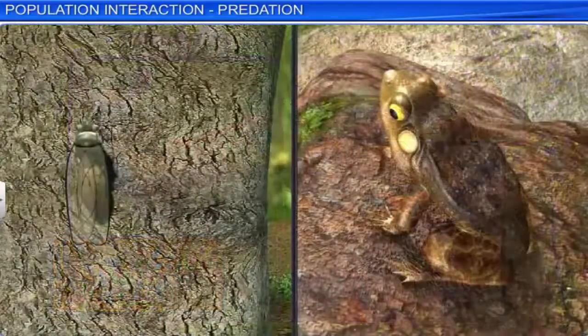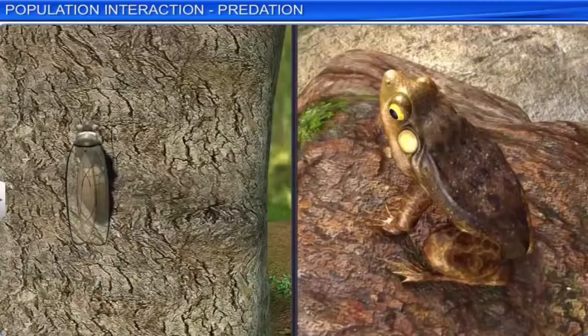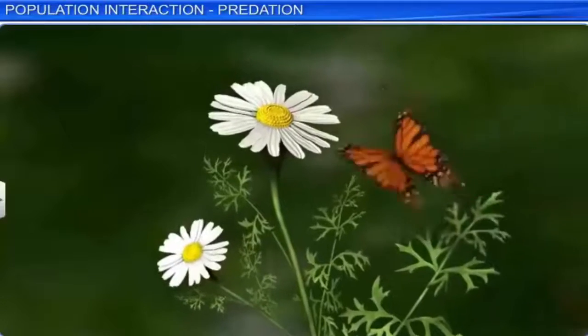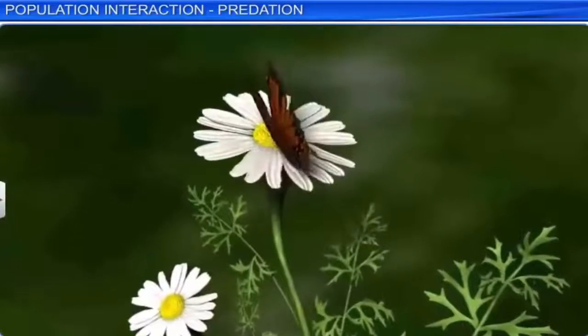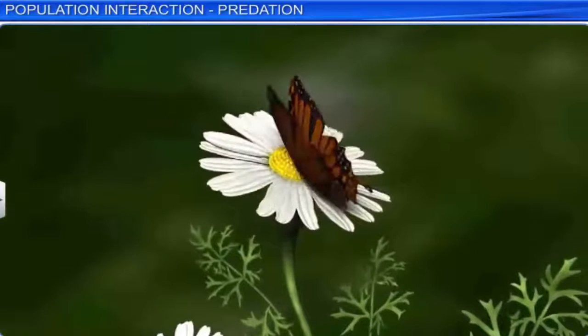Several prey species too have evolved various defenses to lessen the impact of predation. Some species of insects and frogs use camouflage to protect themselves from predators. Moreover, some prey contain poisonous chemicals which keep predators away.